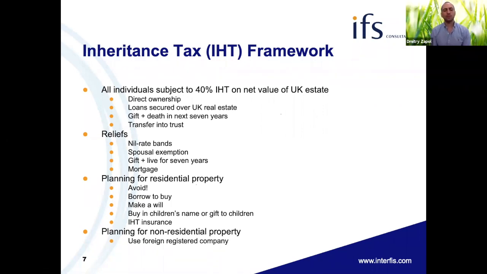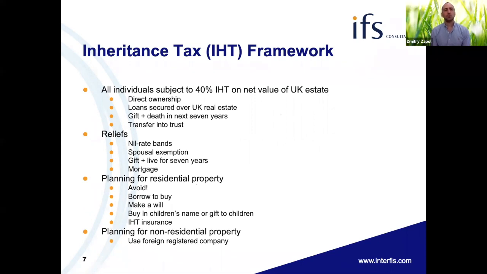So what I'm normally advising about inheritance tax planning, to begin with, is that it is always better to buy non-residential property if you're not from the UK. Take out a mortgage, and make a will so that the husband wills the property to his wife and the wife wills it to her husband. That's essentially buying time if one of them dies.